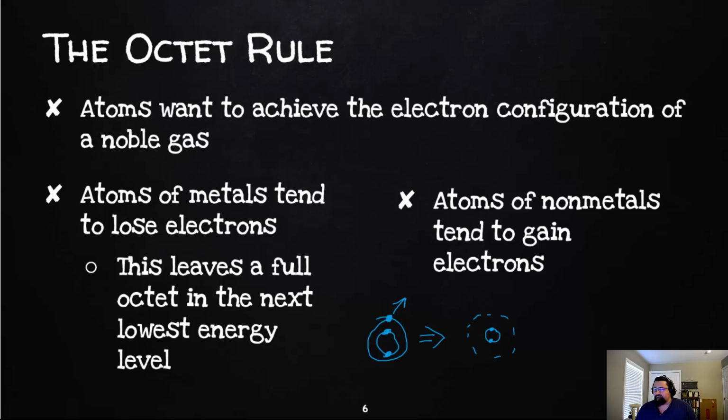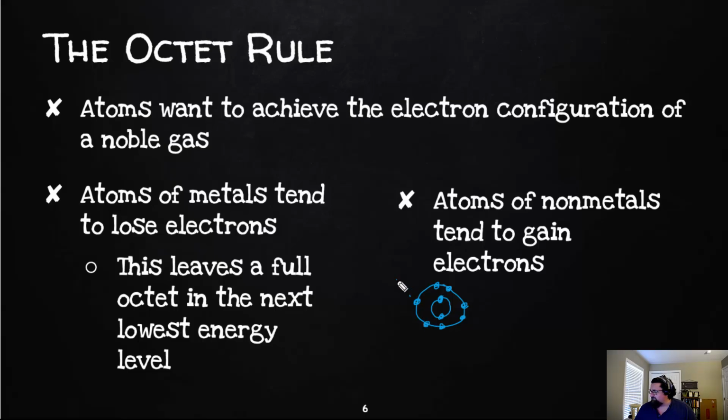Now, nonmetals are going to gain electrons to fill that outer shell. So if you had instead something like fluorine, which has the 2 in the middle, and then fluorine has 7, we have 1, 2, 3, 4, 5, 6, 7.